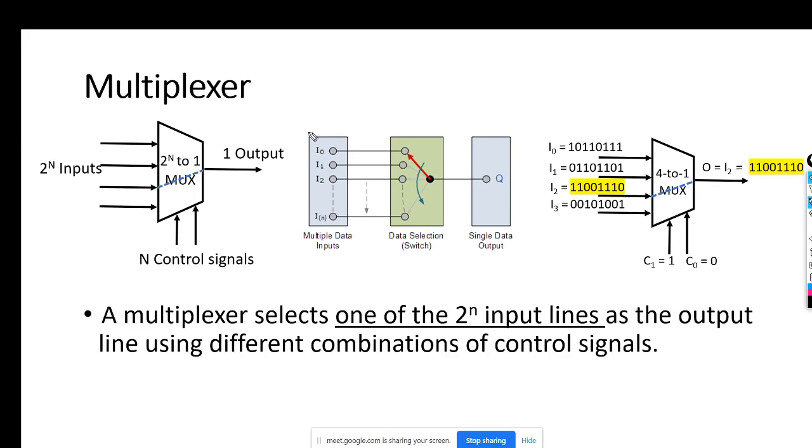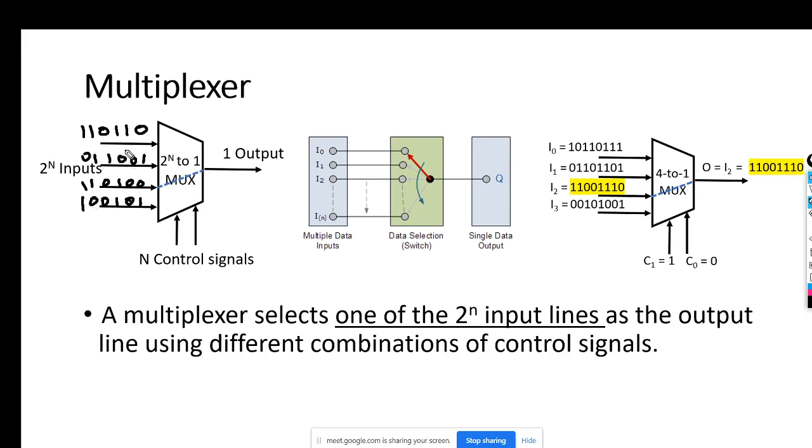Assume that here you are getting a bit stream, say it's a data communication, something like 0 1 1 0 1 1, etc. Here we are getting 1 0 0 1 1 0. Here we are getting 0 0 1 0 1 1. Here, just randomly writing, 1 0 1 0 0 1.